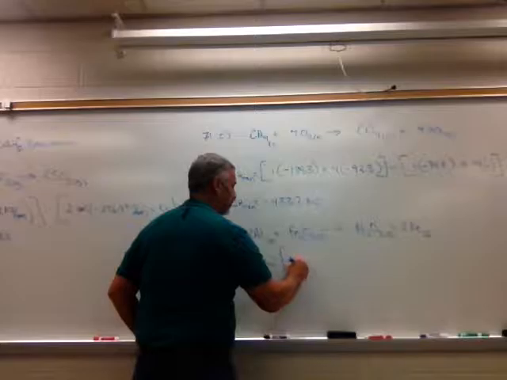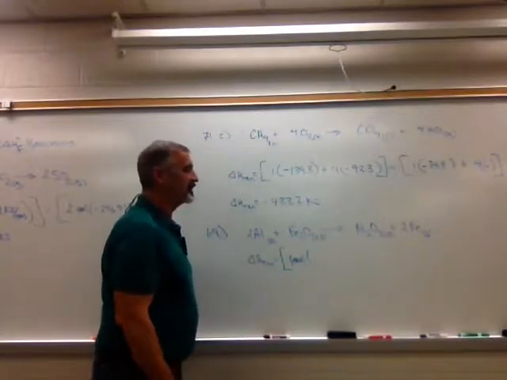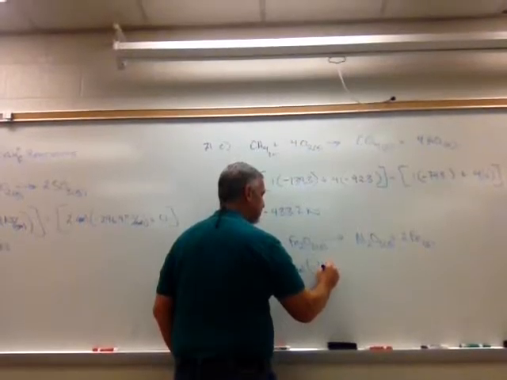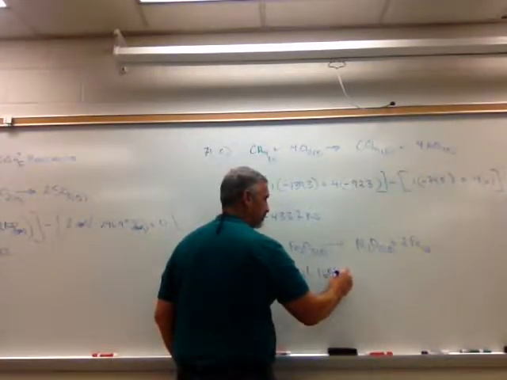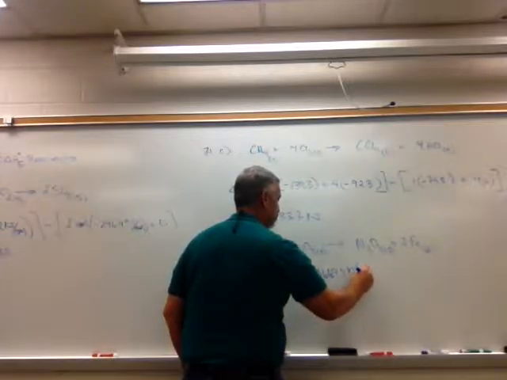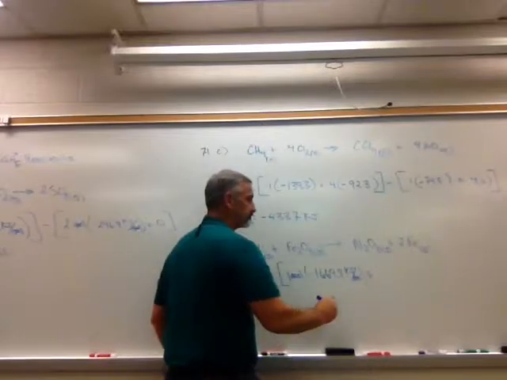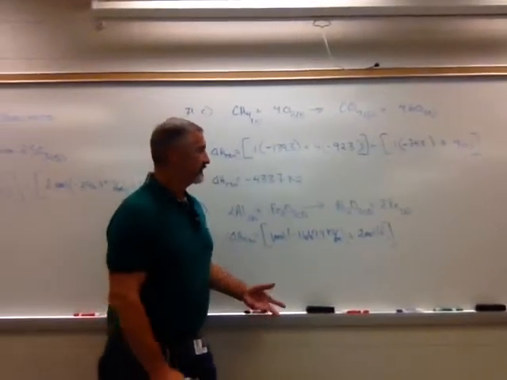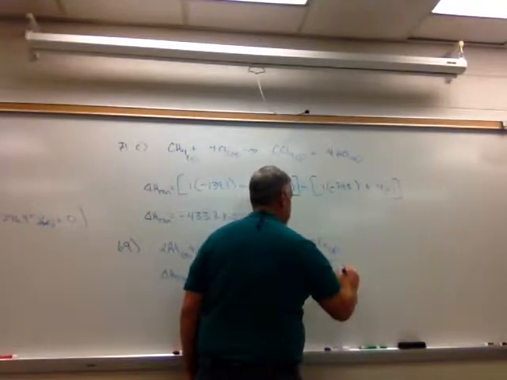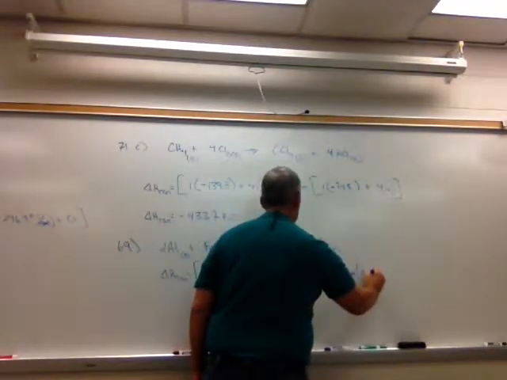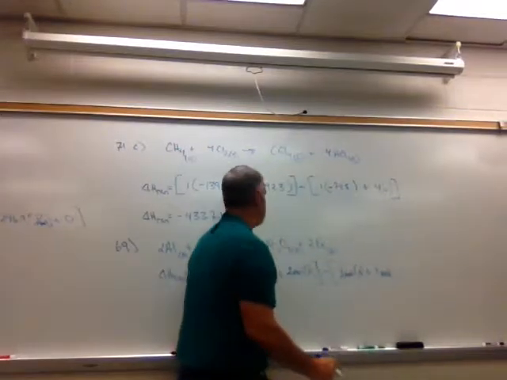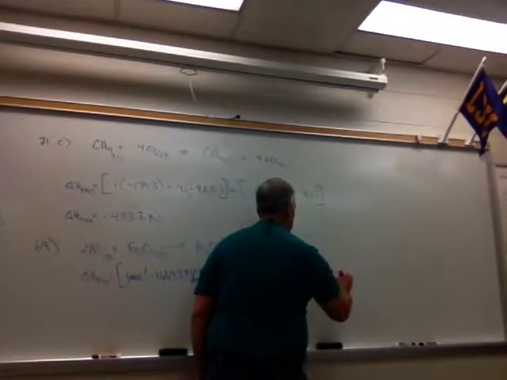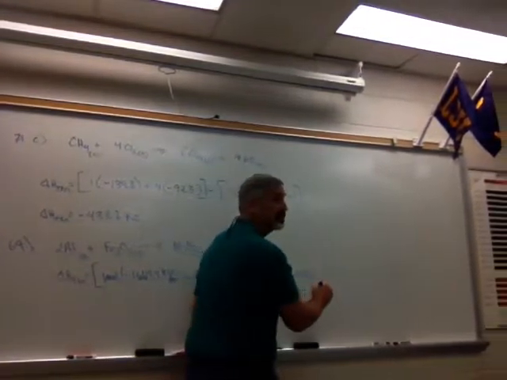Products minus reactants, so it's going to be 1 mole times the heat of formation of Al2O3, negative 1669.8 kilojoules per mole, plus 2 moles of iron times 0, because the heat of formation for all elements is 0, minus reactants: 2 moles of aluminum times 0 plus 1 mole times the Fe2O3, which is negative 822.16 kilojoules per mole.